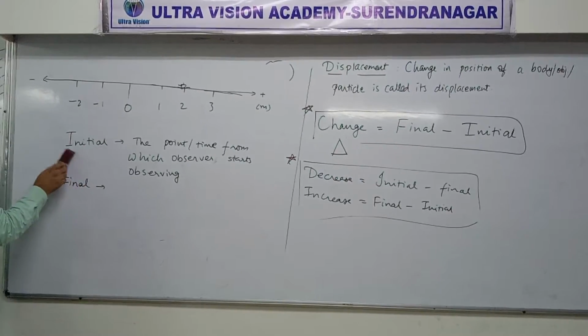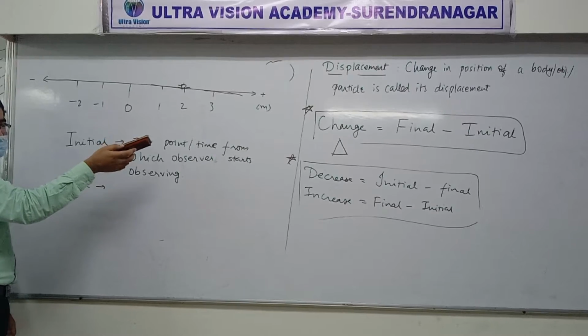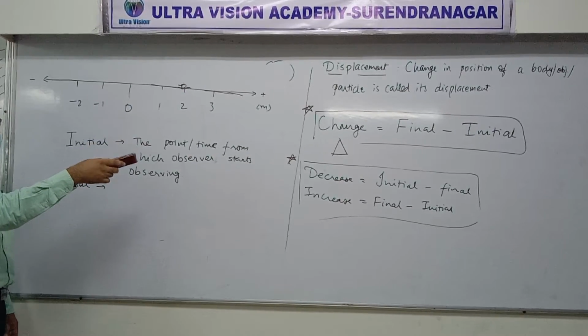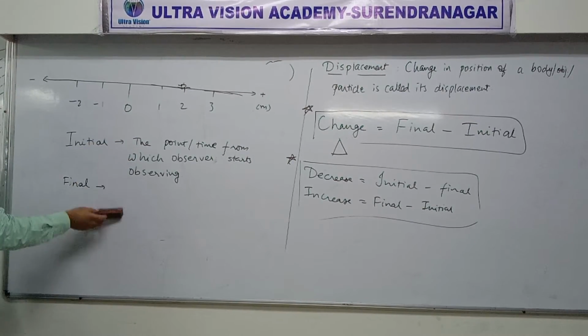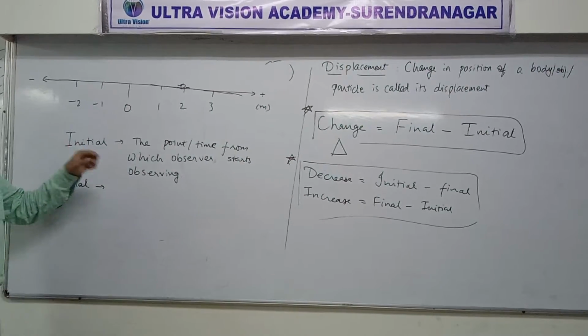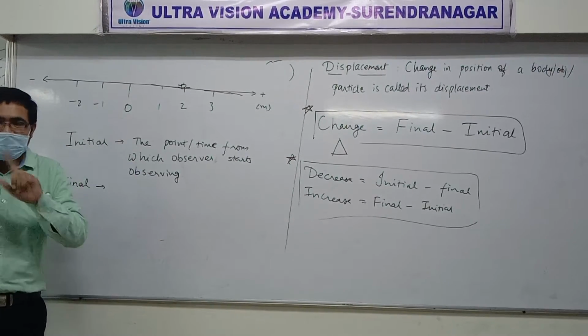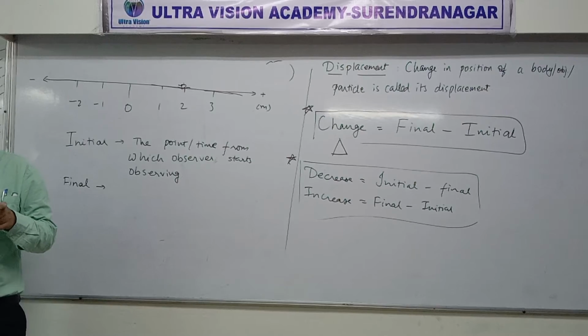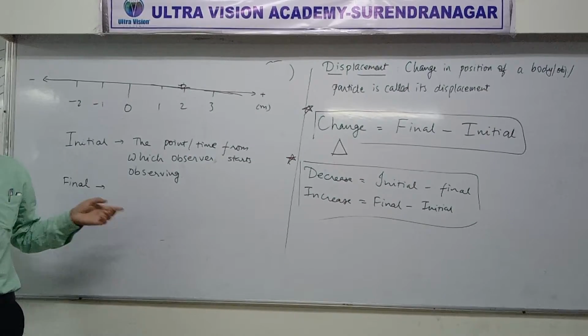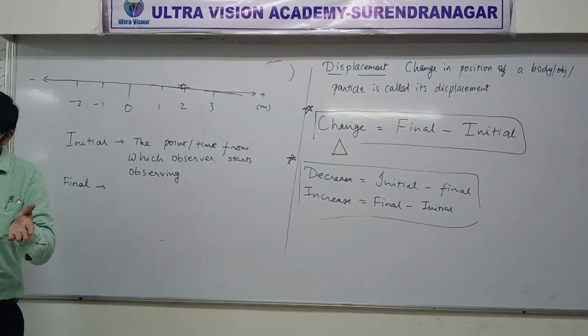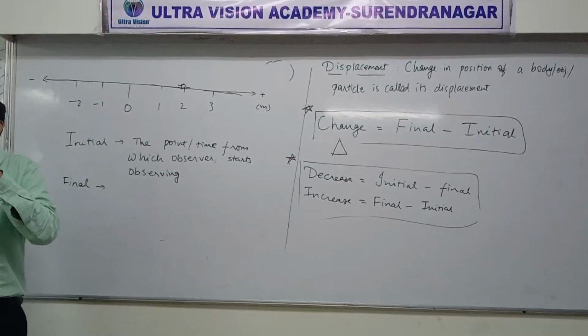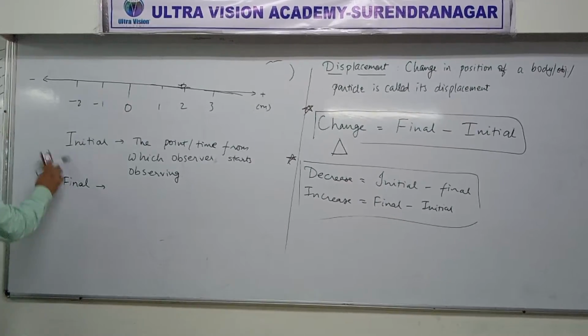In fact, in my opinion, it is even more important than that formula, because anybody can teach you that formula. But these sentences, to understand that initial doesn't mean when the object starts moving. No, initial means what? And final means the object stops moving. No, the observer stops observing. Is that clear?